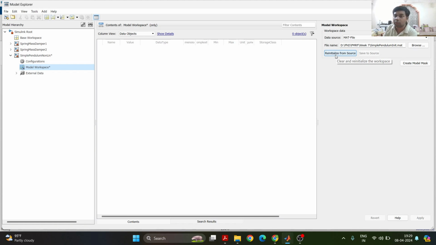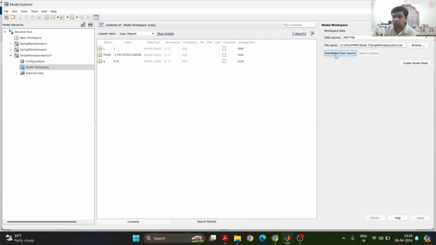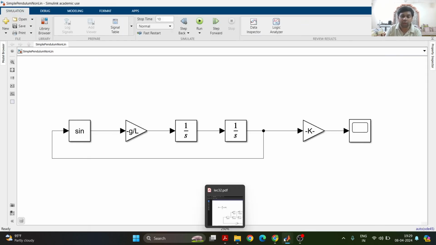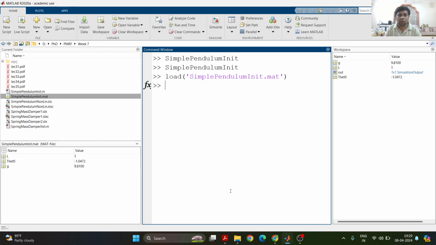If I say that, then it will load these same parameter values into the model workspace.